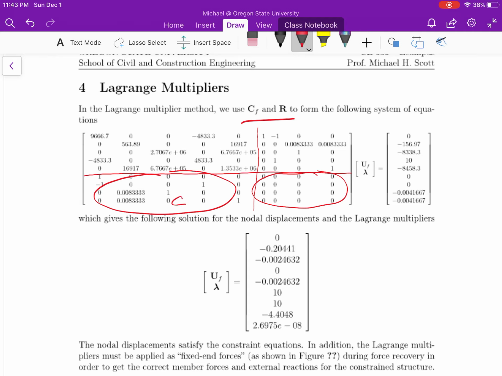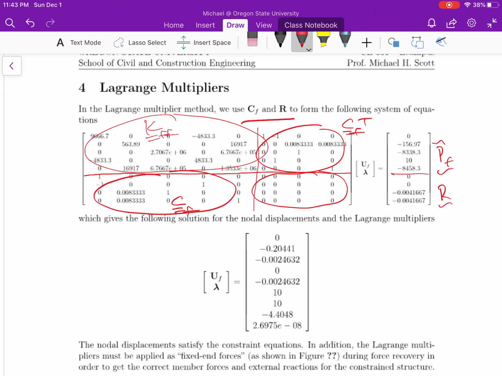This is CF. This over here is CF transpose. And this is our original KFF. And then on the right hand side we have our total nodal load vector PF tilde, and then the R vector down there.